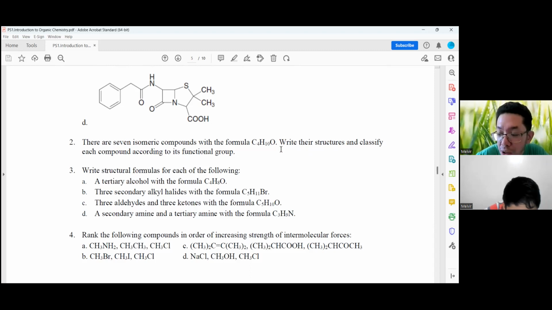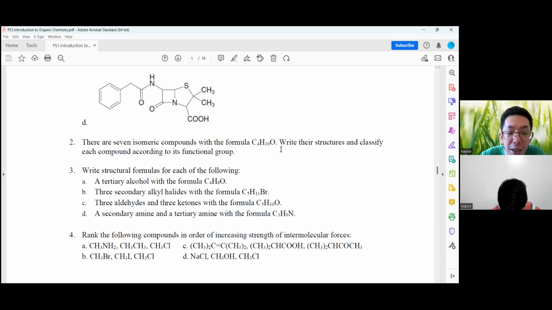So which functional groups will have one oxygen atom? Alcohol, ketone, aldehyde, ether. Those will be your functional groups. Na-limit na lang. So, wala na yung mga carboxylic acid derivatives kasi nga, one oxygen atom lang naman siya. So, we have 7 isomeric compounds there. So, I challenge you if you can give those 7.